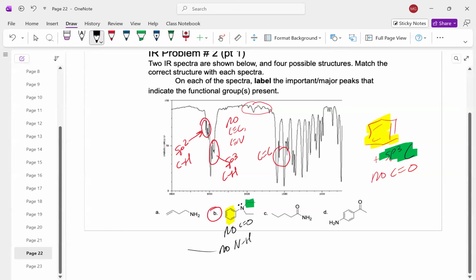It just means I won't see it here in the IR, and that's okay. In fact, that's a good hint. If you think you have a nitrogen present, yet you don't see any NH bonds, then you know what kind of nitrogen you have. There's a nitrogen that does not have any hydrogens on it.